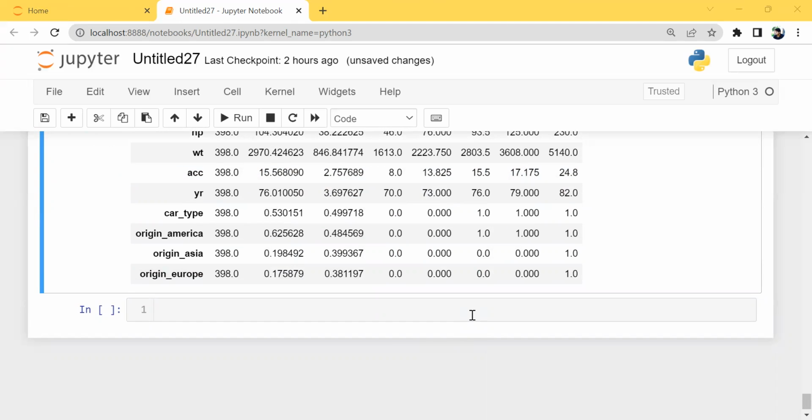Okay, so now you need to have a pair plot here. For that, I need to create a temporary data frame.